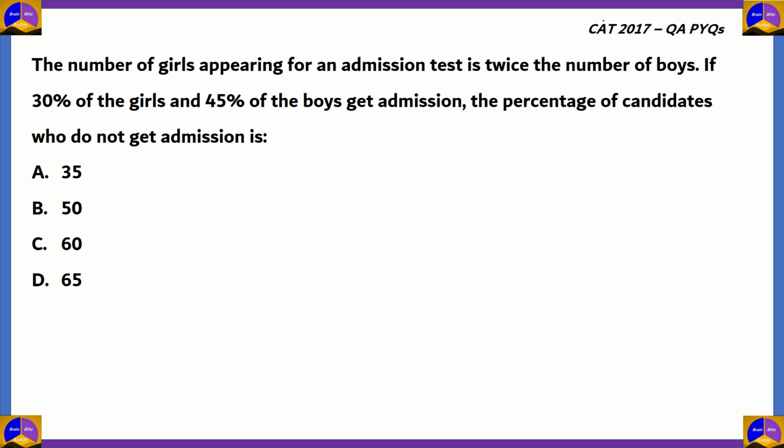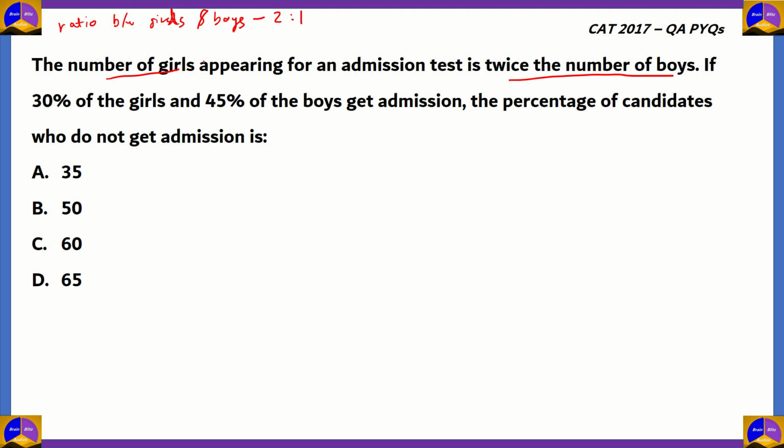Well, we're told that the number of girls appearing in the admission test is twice the number of boys. That means the ratio between girls and boys is 2:1.